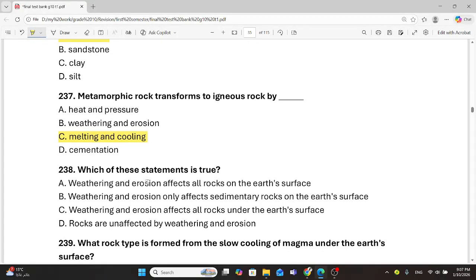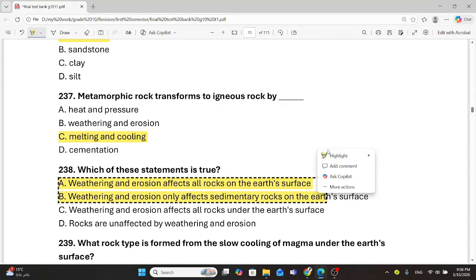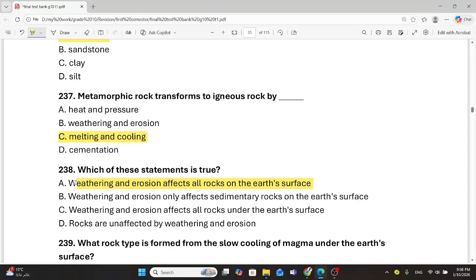Which of these statements is true? Weathering and erosion affect all rocks on the Earth's surface. Weathering and erosion only affect sedimentary rocks on the Earth's surface, while weathering and erosion affect all rocks under the Earth's surface. Rocks are unaffected by weathering and erosion. لا, weathering and erosion affect all rocks on the Earth's surface.